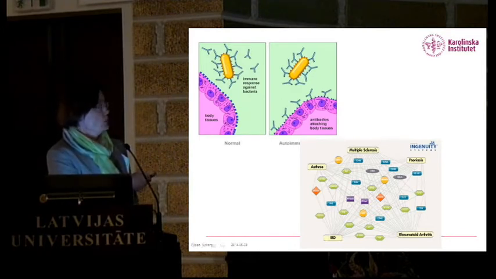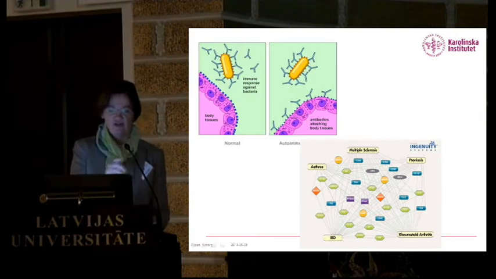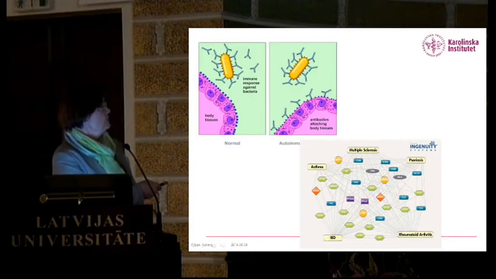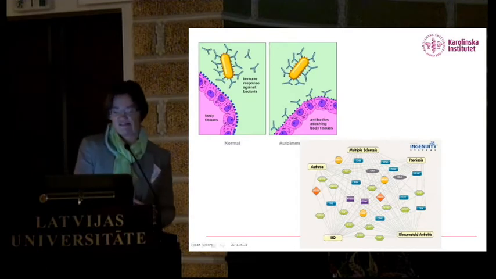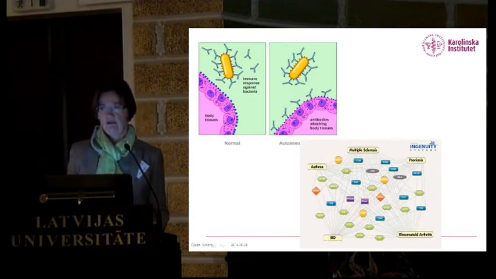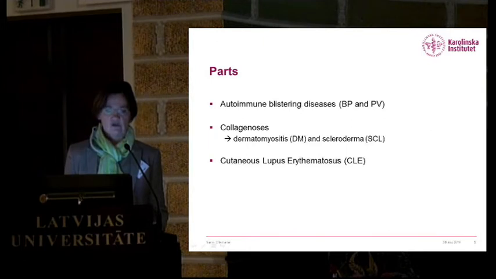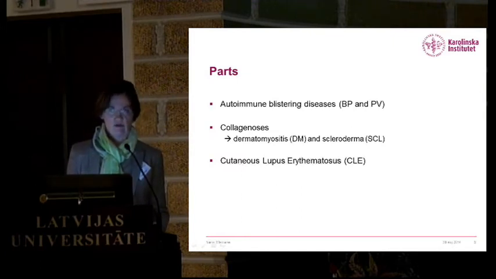This is just a small picture depicting all of the different syndromes like multiple sclerosis, psoriasis, inflammatory bowel disease, rheumatoid arthritis, and asthma, and all of the substances that we can eventually direct medicines to, because that's our ultimate goal. So I want to go through autoimmune blistering diseases and a little bit about the collagenoses, especially dermatomyositis and cutaneous lupus.